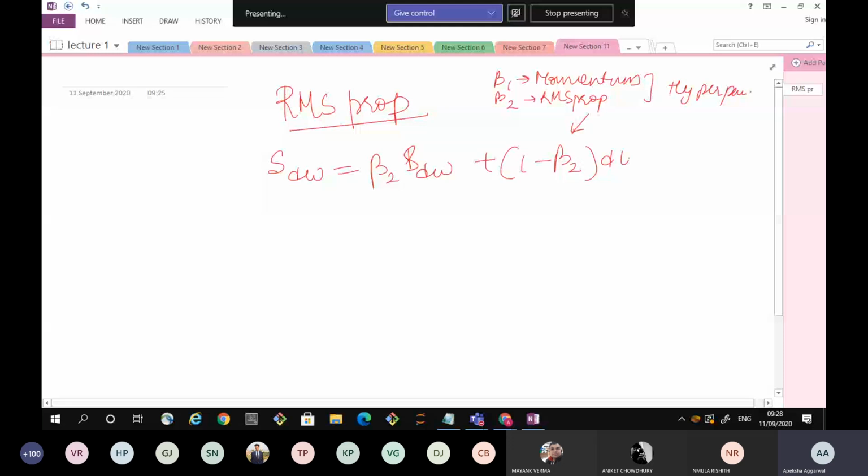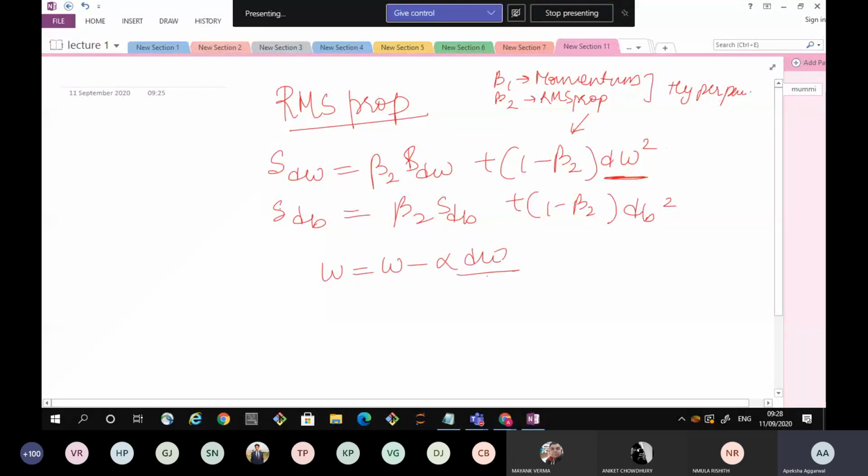So SdB equals beta 2 SdB plus 1 minus beta 2 dB square. And W equals W minus alpha dW upon square root of SdW, and b equals b minus alpha dB upon square root of SdB.